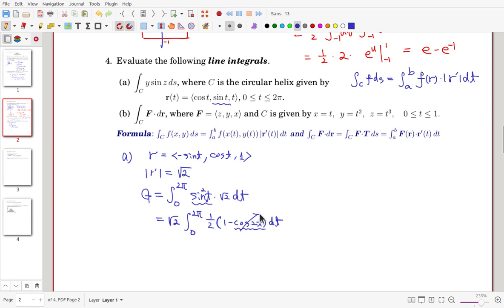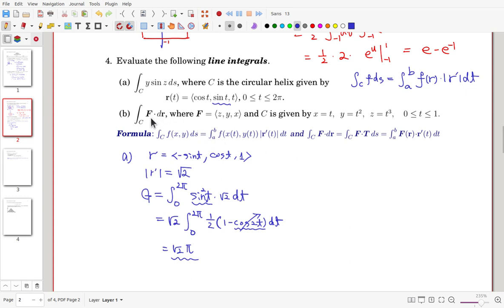So we may ignore this part, and the integral of a half over 0 to 2 pi is pi. We have square root of 2 and pi. Okay, that's the answer for part A. Now we'll go to part B.